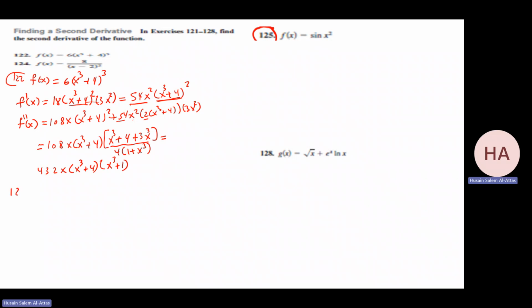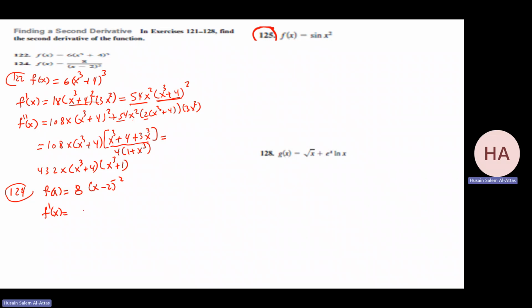Okay, 123, 124. What is f of x? Let me rewrite it. It's equal to 8 x minus 2 to the power minus 2. What will be f prime?